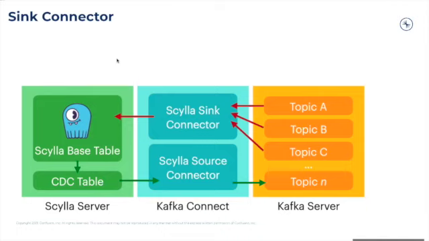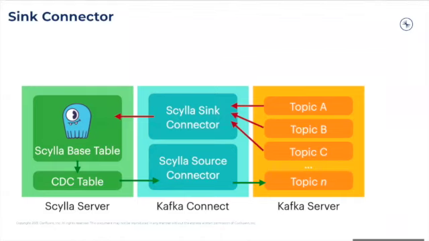Of course, there's no change data capture to do on the sync side. You're just taking messages from topics. When a new message shows up, well, you insert that row into the table in Scylla and nobody gets hurt. And again, there doesn't have to be processing in there. I may just literally read from one table and then sync, source from one cluster and sync into another. Or I may add value to those messages in between.